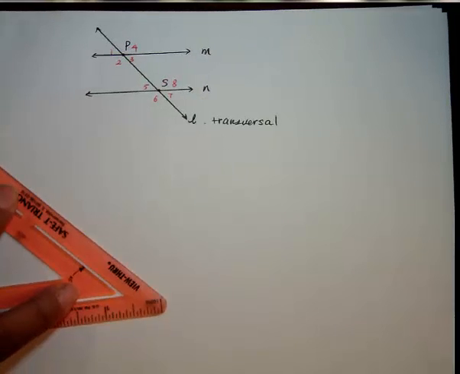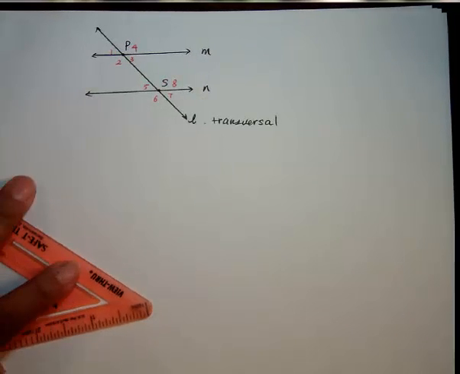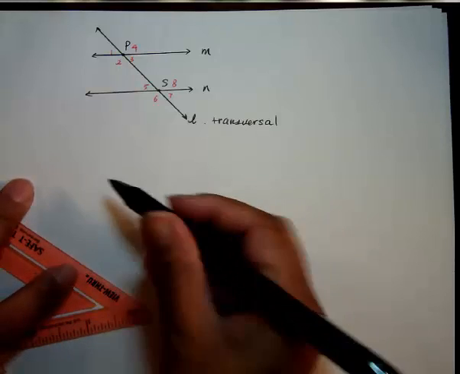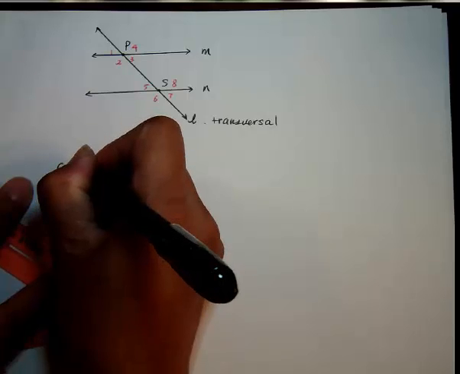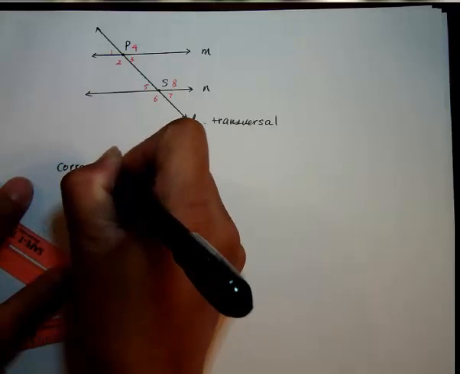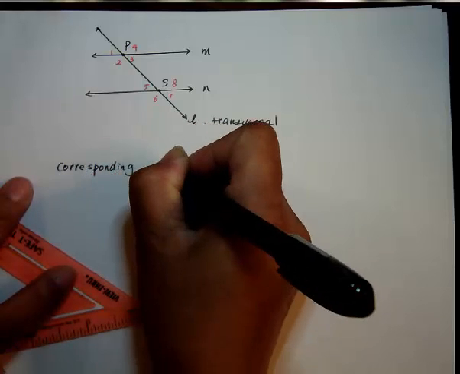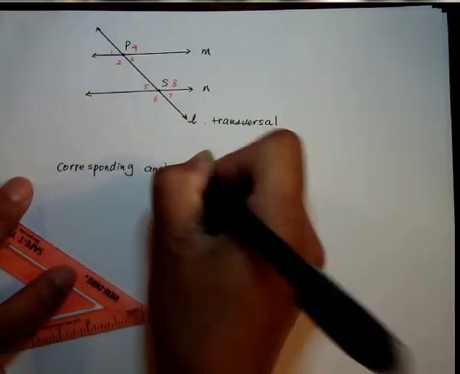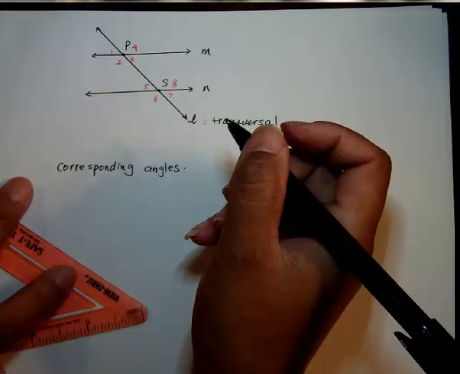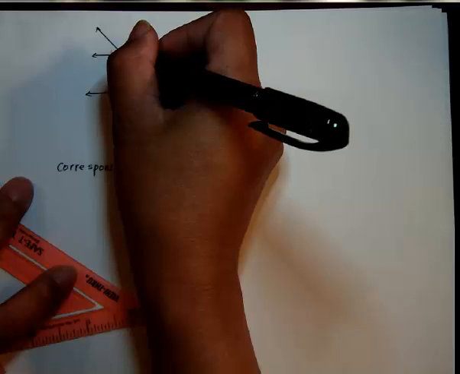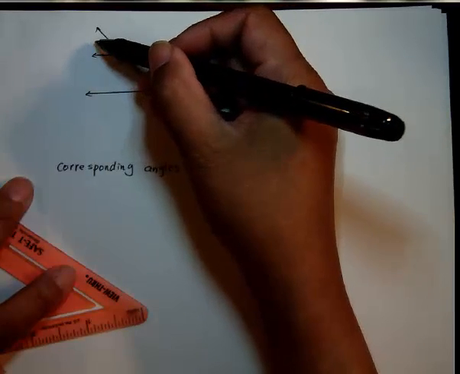Among those 8 angles, we have some corresponding relations. The ones we call corresponding angles are angle 1 and 5, because they are both on top of their line and on the left of the transversal.